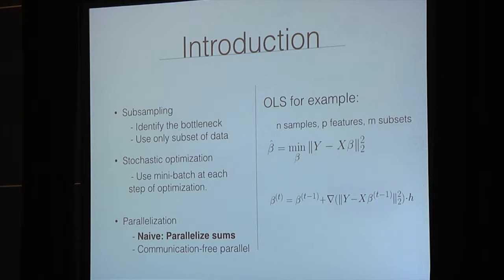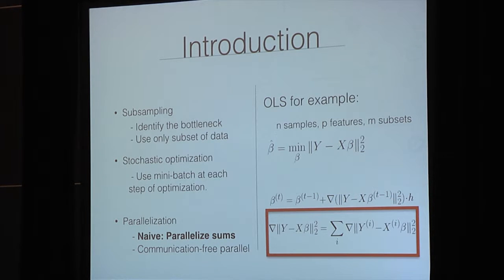In this formula, the part in the red box is the gradient, which consumes most of the time to compute. But fortunately, because of the independence of the data, this part can be decomposed into sums of different parts, where each part can be computed independently on each subset of data.